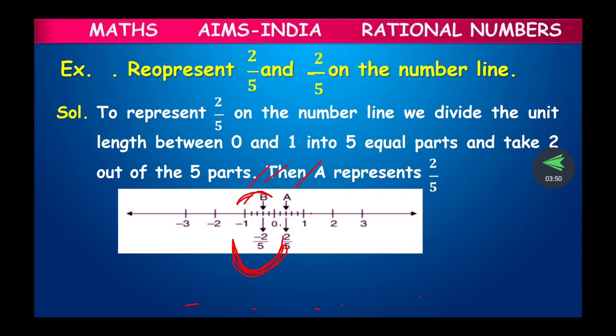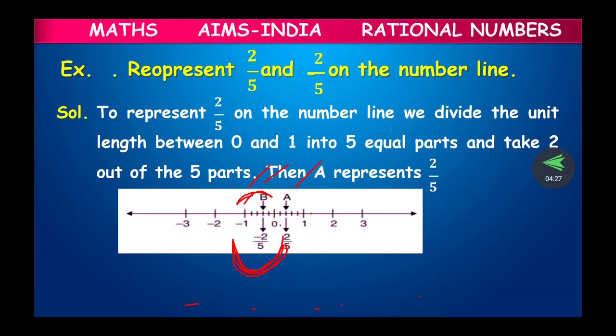It's very simple, children. 2 by 5 we have to represent on a number line. From 0 to 1, because in 2 by 5 the P value 2 is less than the Q value 5, its value is always less than or equal to 1. That's why the place between 0 and 1 is divided into five equal parts.